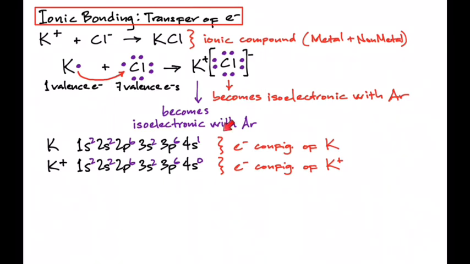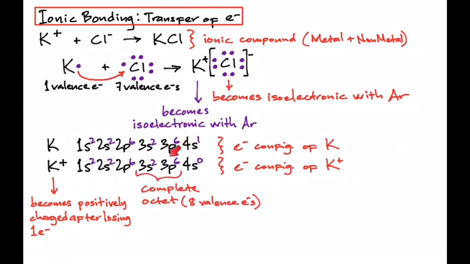And so that means we're taking 1 out from the 4s. And now the potassium ion has this electron configuration shown here: 1s2, 2s2, 2p6, 3s2, 3p6, which is isoelectronic with the noble gas argon, meaning the same electron configuration as argon.